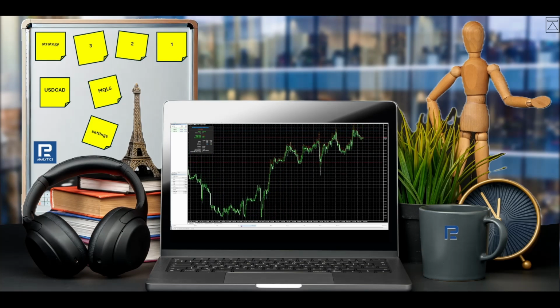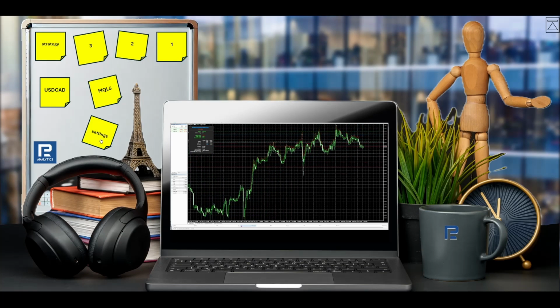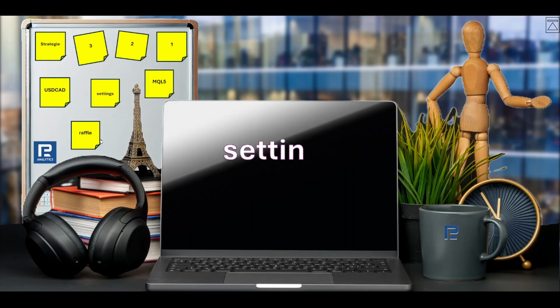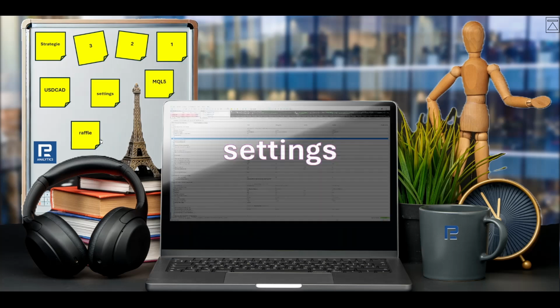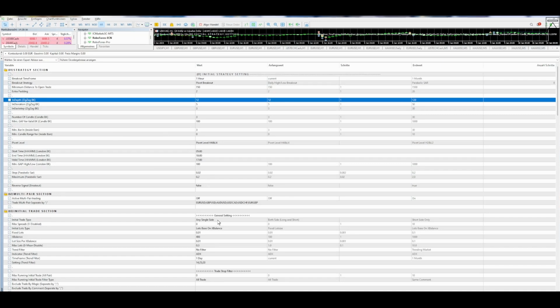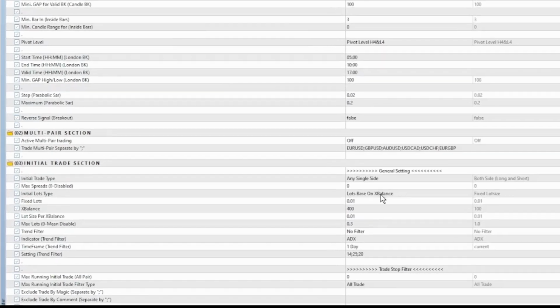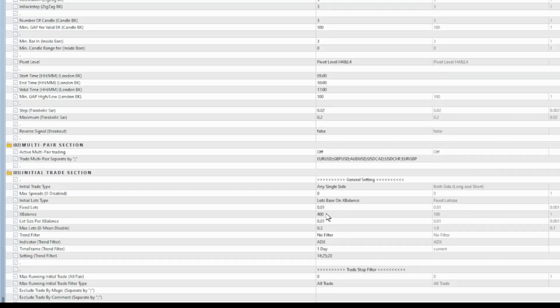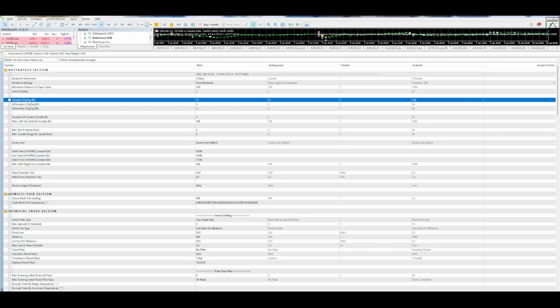And now we want to take a look at the settings. Let's see what I used, how I set it up. I used the standard settings, but I did make a few small changes. It starts with the lot size. Yes, I set it to a $400 account. That's basically the minimum size at $400. And the bigger it gets, the bigger the lot size. So at 800, for example, it would open 0.02 lot, and so on. What I set, of course, is pivot breakout.